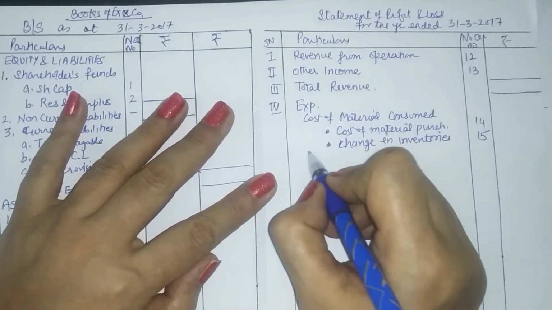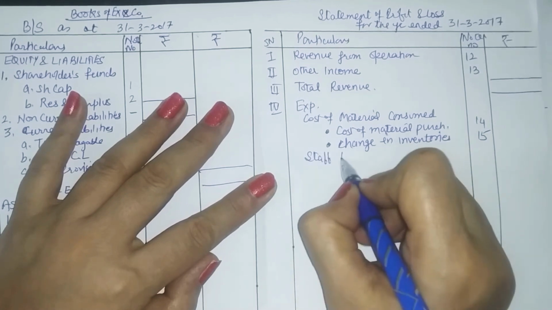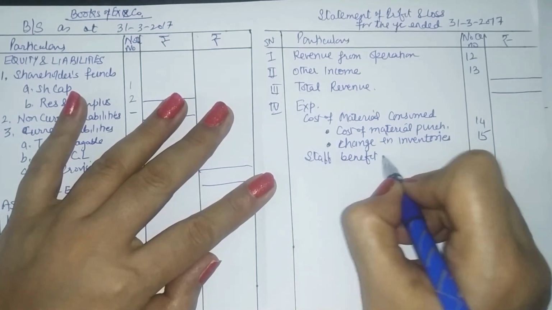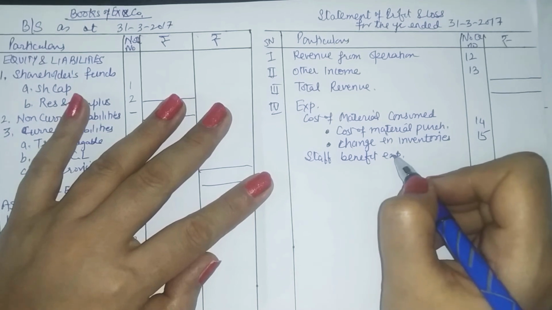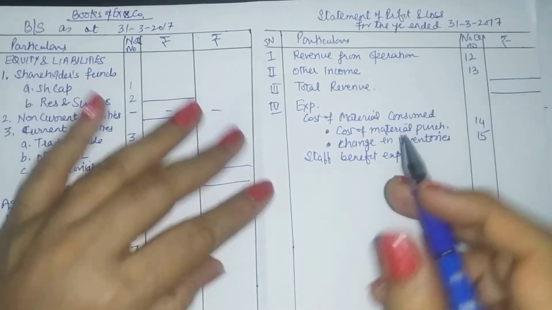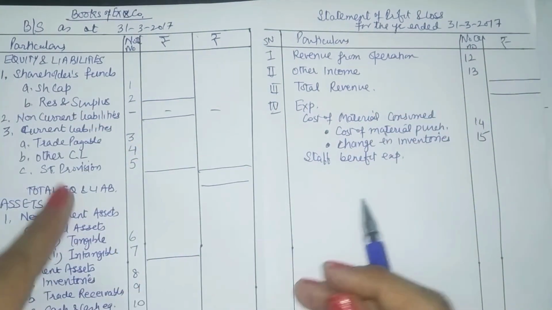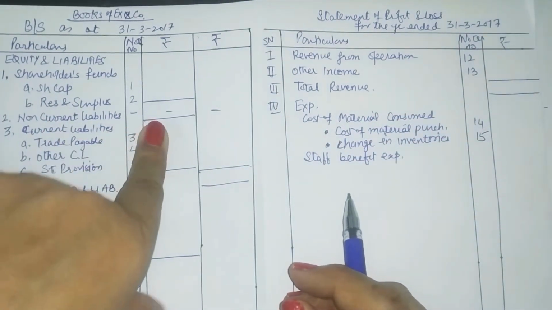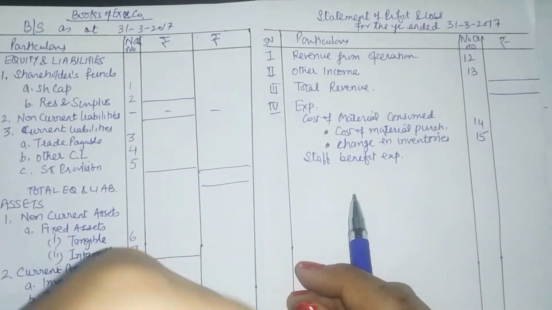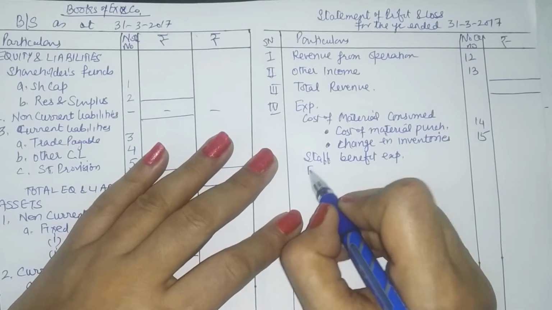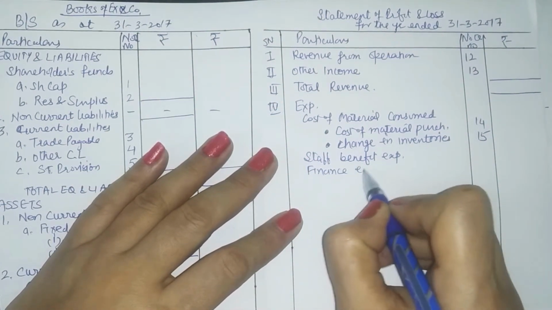Then other categories are staff benefit expenses. Then you have finance cost. Finance cost is interest on debentures, long-term loans. Since we are not having any non-current liability, long-term borrowing is not there, finance expense is not there. Though we can give the category.